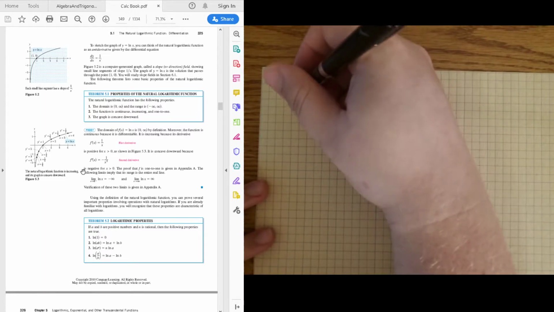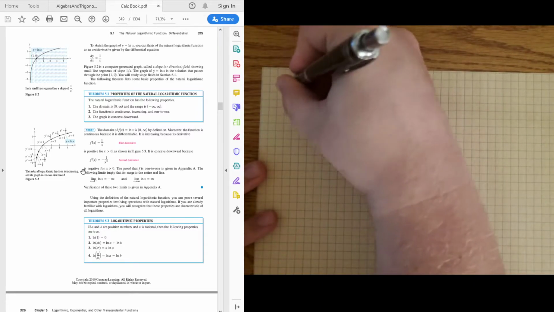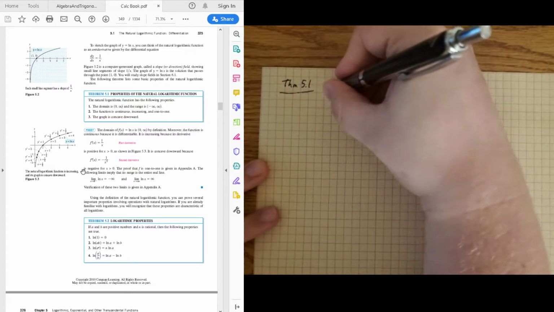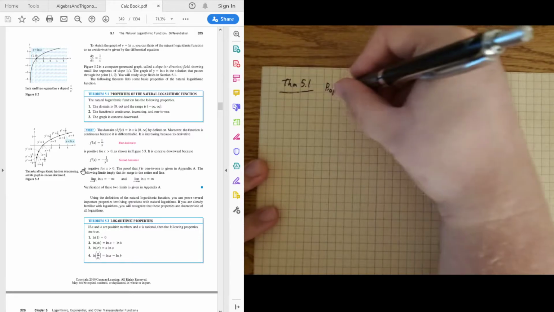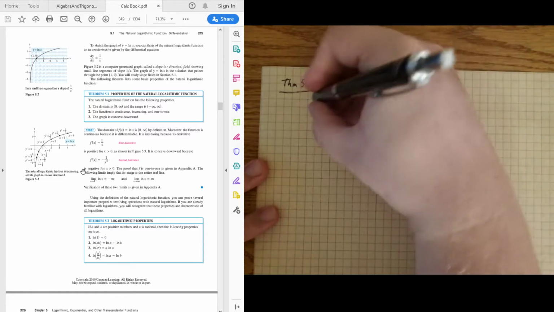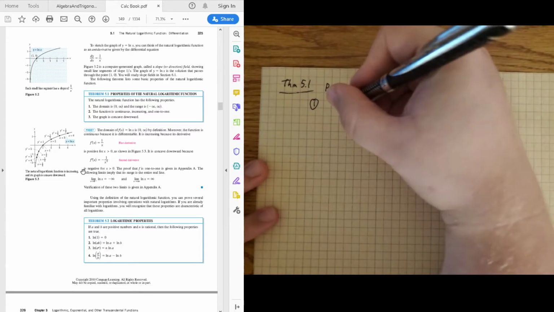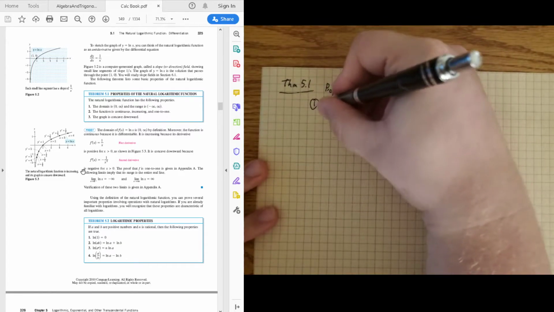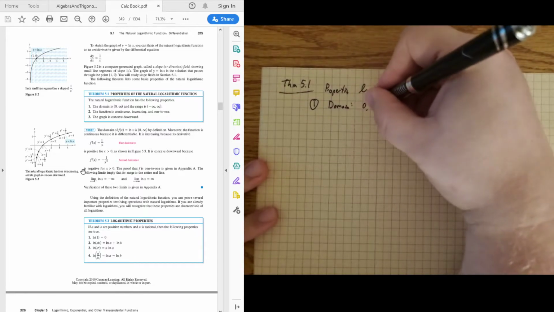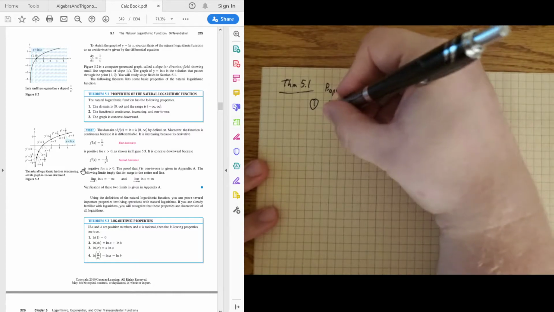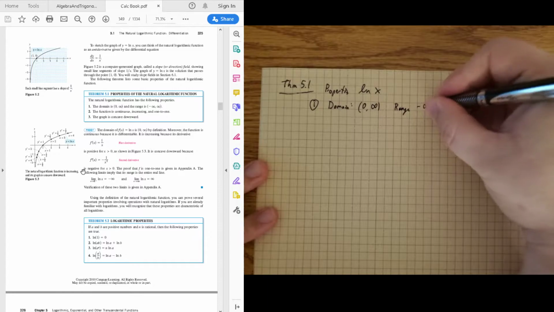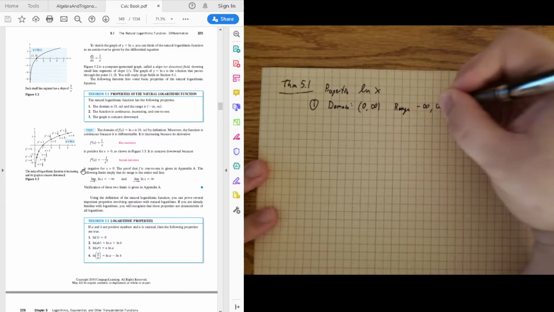We have here from theorem 5.1. These are properties of the natural log. So, first property. You have a domain from 0 to infinity, non-inclusive, and a range from negative infinity to infinity.